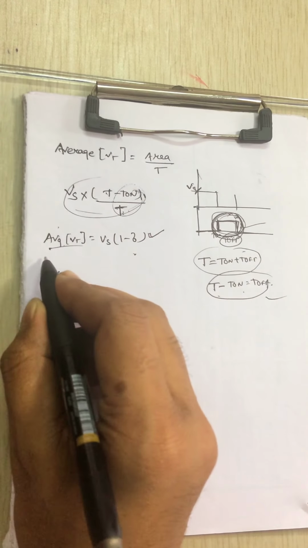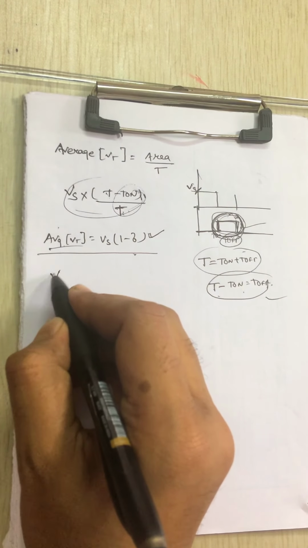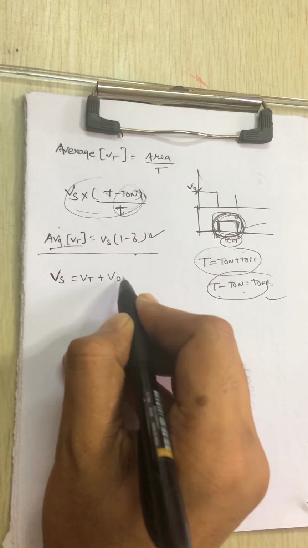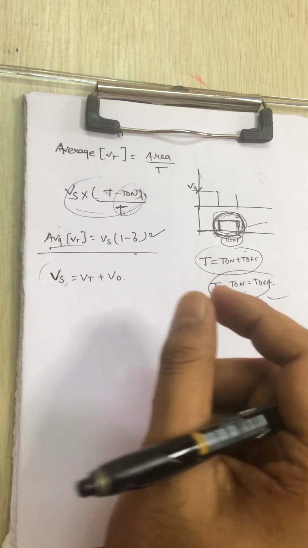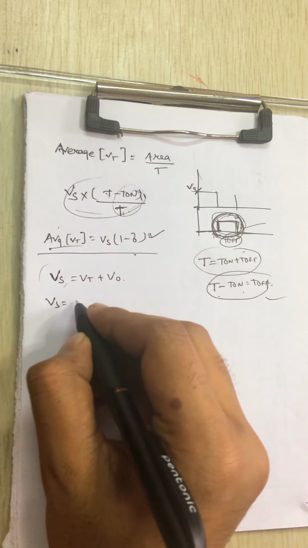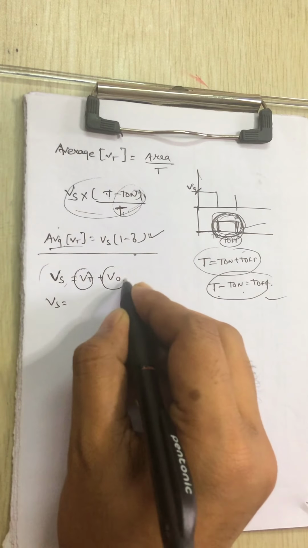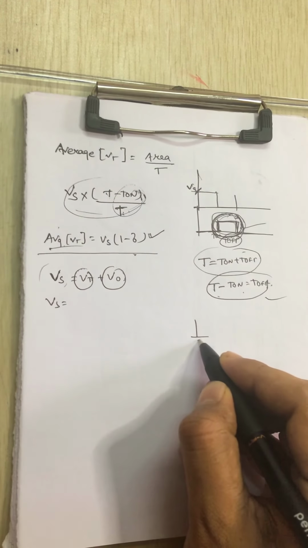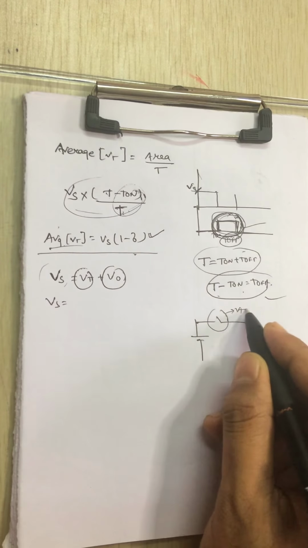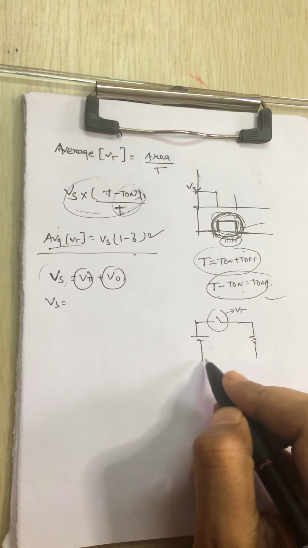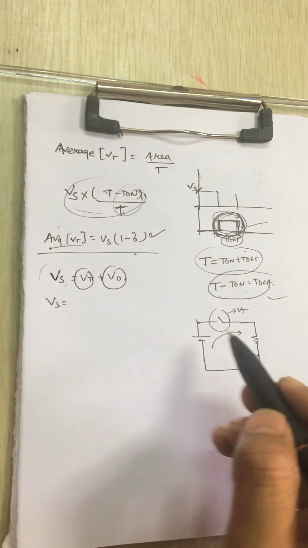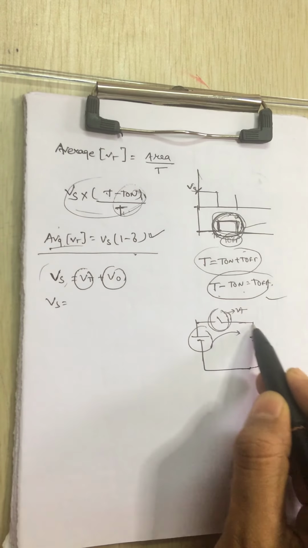Now I just want to say that suppose Vs equals Vt plus V0. I want to verify that Vs equals Vt plus V0. The circuit is like this: this is Vt, this is R. If you apply KVL, the Vs voltage equals this voltage plus this voltage.